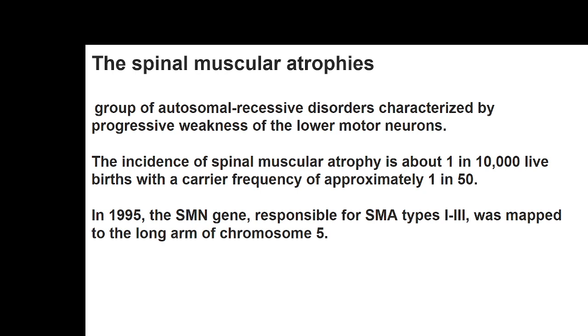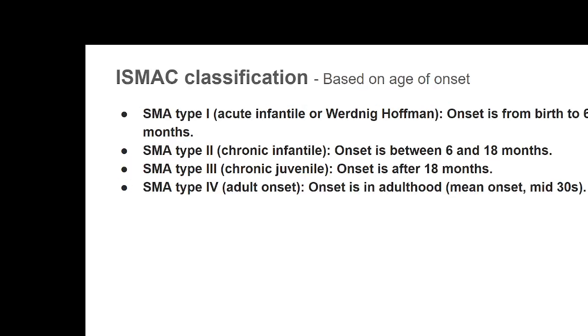The types are, again, there is a confusion, or maybe a difference of opinion, in the classification. The earlier classification was spinal atrophy type 0 to 4. Now the types are categorized into 1 to 3, and in 1995 the gene responsible for this SMA was identified, and the chromosome also is identified, and hence based upon the genetic conditions they are categorized into SMA types. The classification now is based on the age of onset, whereas the earlier classification was something different, where it was type 0 to 4.